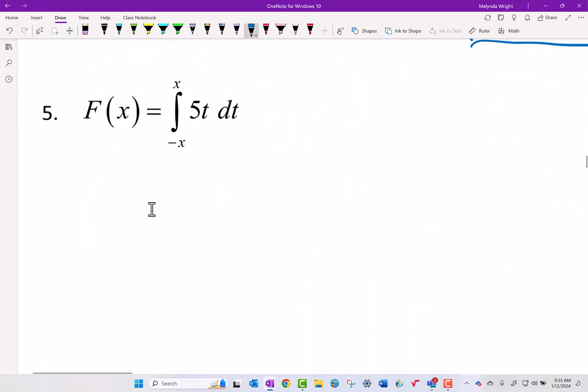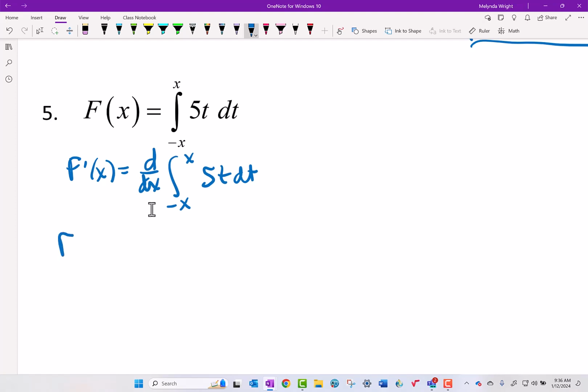All right, so what are we doing? We're going to do f prime of x is d dx of the integral from negative x to x of f(t) dt. So I'm doing the derivative of both sides. The formula tells us we still start with the upper bound, and we slide it in there.